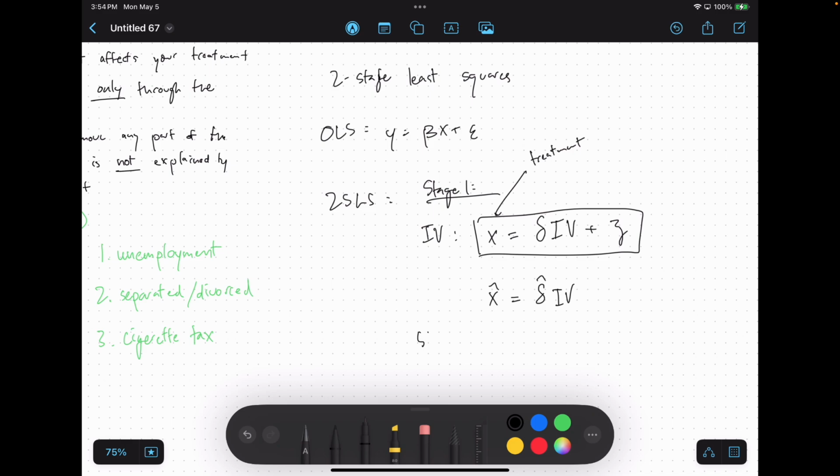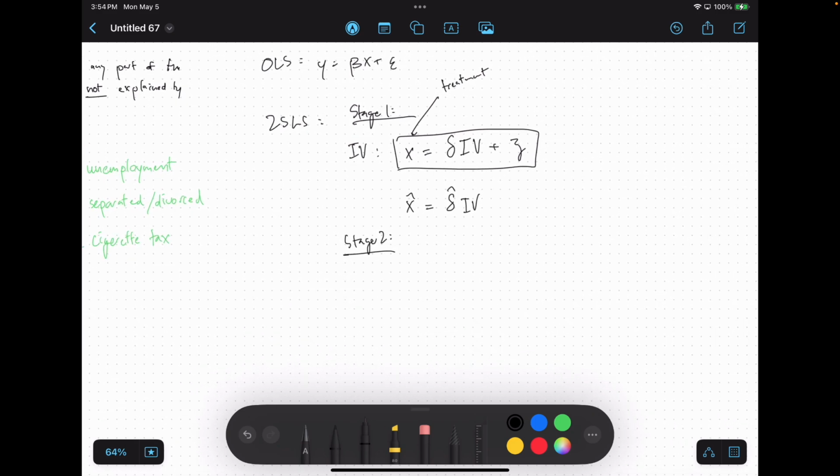And then in stage 2, I would just run my regression as normal, except that I'm going to be including my predicted values for x as opposed to the observed values, okay?